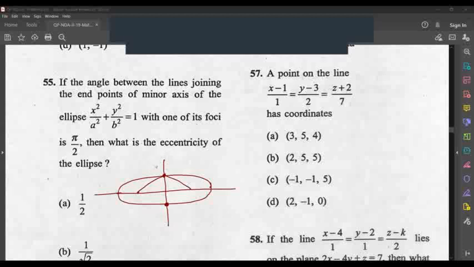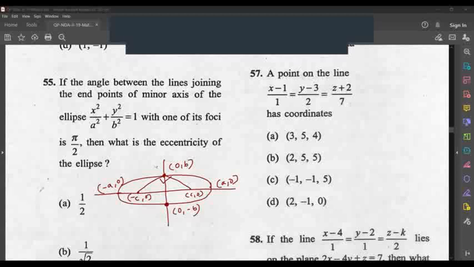So here, I am marking this point as 0, b, this point as 0, minus b. This is major axis, that is a, 0. This is minus a, 0. Then they are saying focus. Focus is minus c, 0 and c, 0. This angle they are saying it is pi by 2.